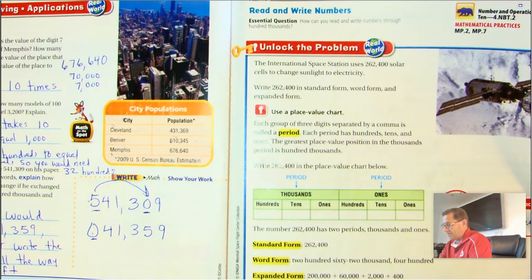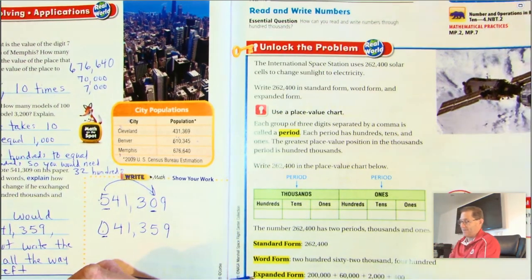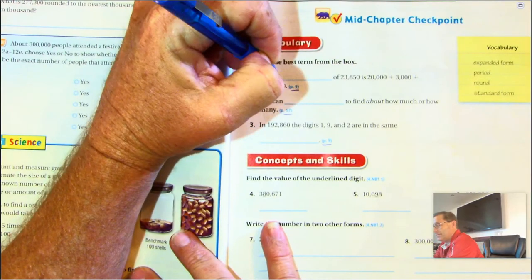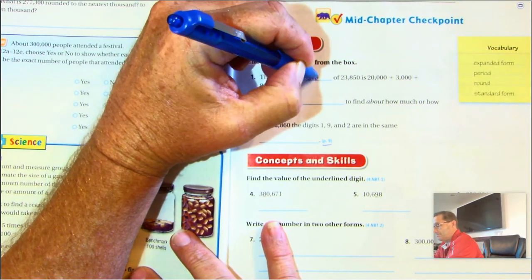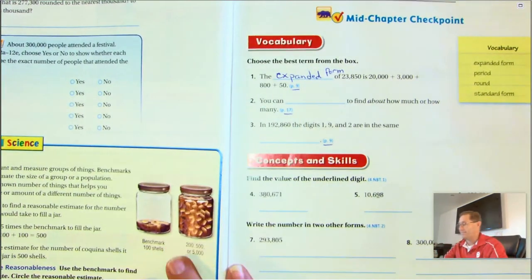And I see 200,000 plus 60,000 plus 2,000 plus 400, and that's in the area next to the expanded form. So number 1 is the expanded form. Okay, because that's easy enough.